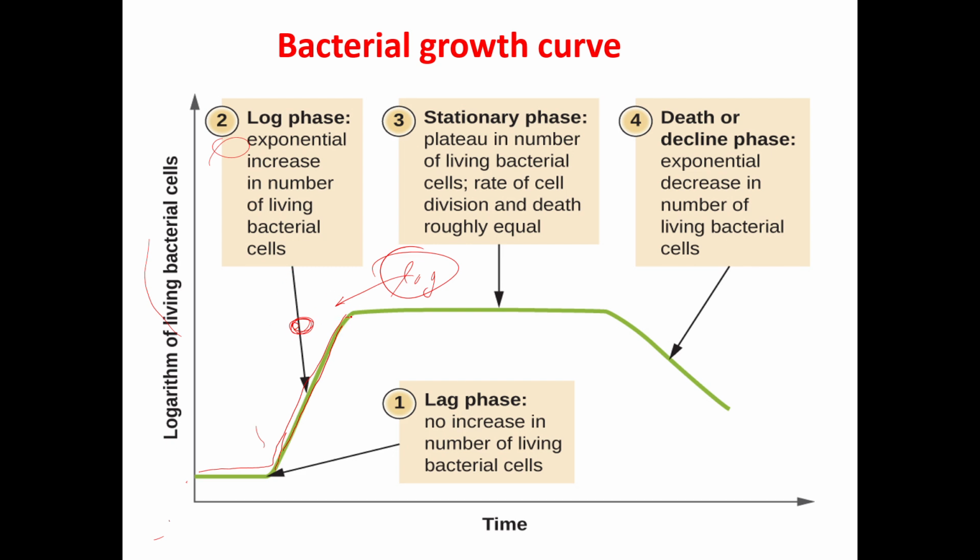Okay, number three is the stationary phase. Why is there a stationary phase? This is a very interesting question. If there is very much binary fission, there will be very much toxin, or toxicity.